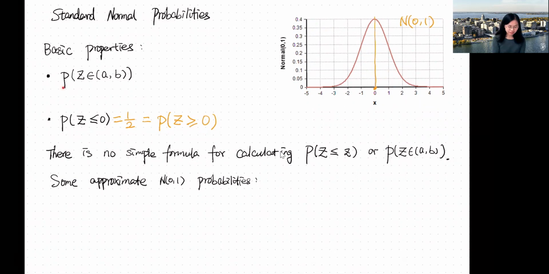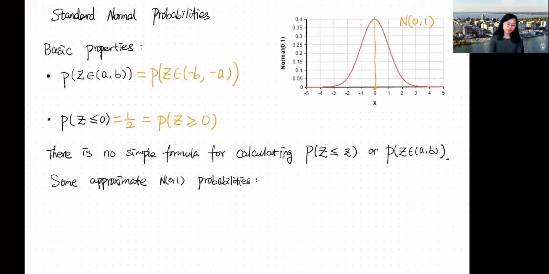The second property also results from symmetry. The probability that z belongs to the interval a to b is equal to the probability that z belongs to the interval minus b to minus a.